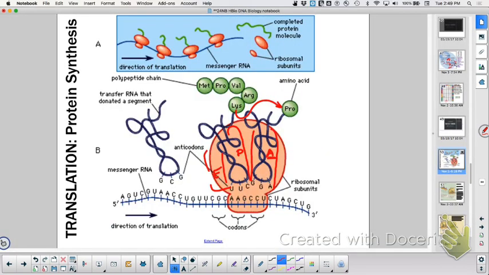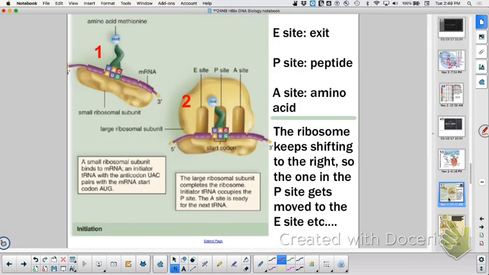So if we looked at it here, there is a small and large ribosomal subunit. So the small unit right here, here is the first tRNA to land. That is tRNA 1. It is always going to carry with it methionine because the first codon is always AUG. Now that methionine might get snipped out later, but for initial, that's always the first one. So he lands, then the large ribosomal subunit.